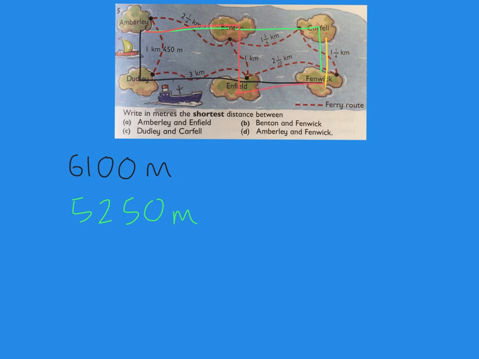So 2,250, then add the 1 kilometre, 3,250, then 2,100, so 3,250 plus 2,100 is 5,350 metres. Okay, so your shortest distance there was the green route of 5,250.